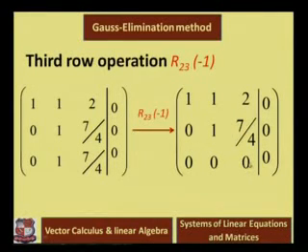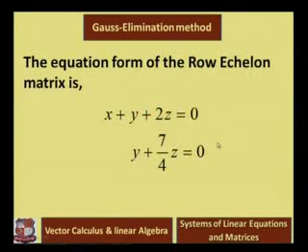Notice that this position is the position of the third leading one, but we get 0. It doesn't matter. This is also called the row echelon form. So convert that row echelon form back into a system of equations.